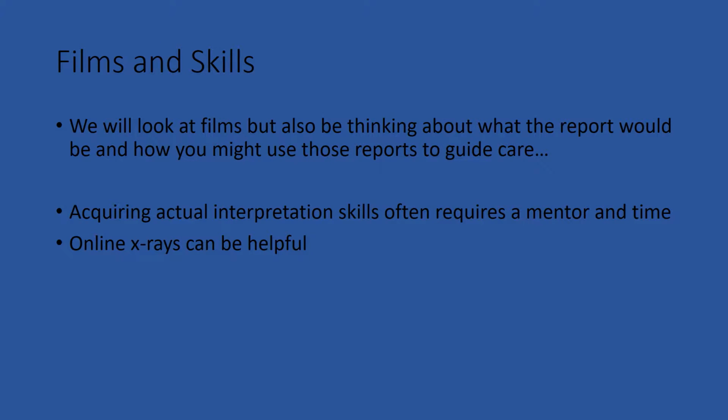So we're going to look at some films in the following slides, but we're also going to think about what the report would be and how you use those reports to guide care. I think this is more important in other images such as CAT scans, MRIs, and the kinds of things that most of us don't look at ever.